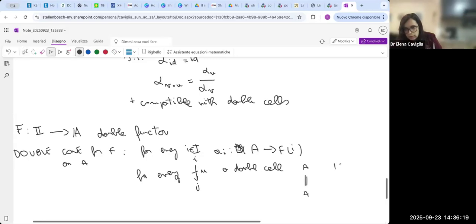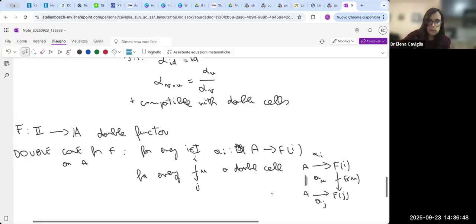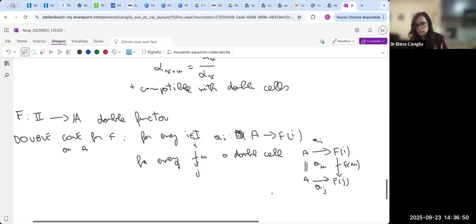So we have F I. Here we have F J. This is F of U. AI. AJ. So inside these cones we have double cells. So this is AU. This is a double cone. And then we have naturality conditions.